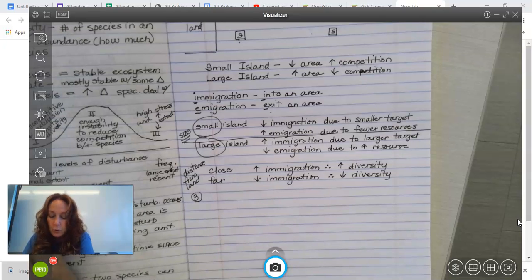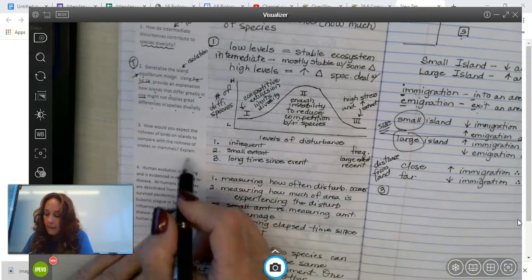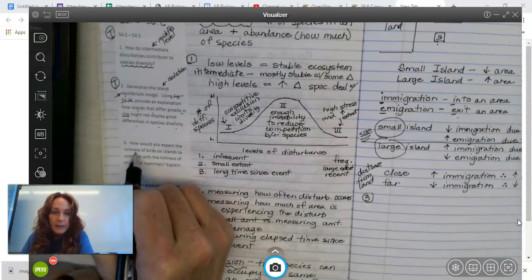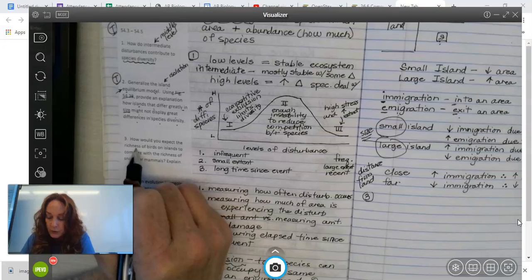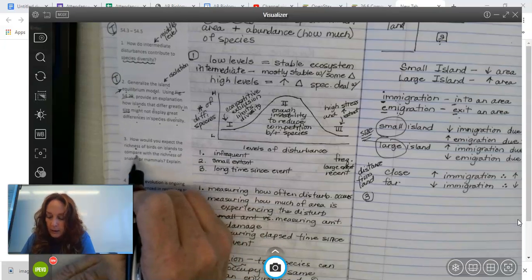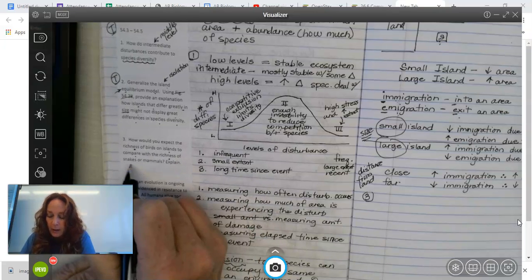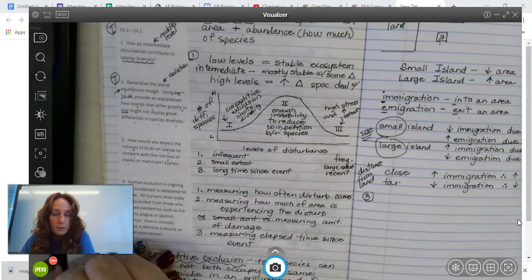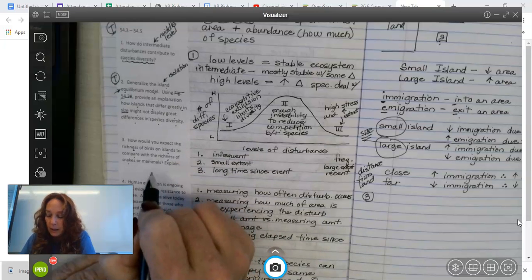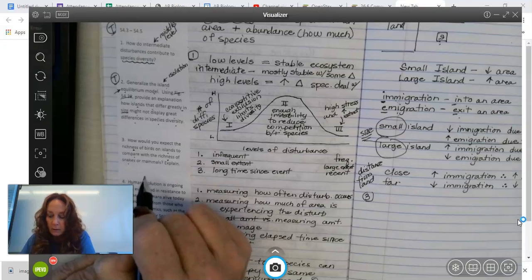So how would you expect the richness? So let's think about what richness is. Richness is just how many different species of birds on an island, to compare with the richness of snakes or mammals. Well, my brain immediately goes, well, birds can fly. Snakes and mammals aren't going to do that.